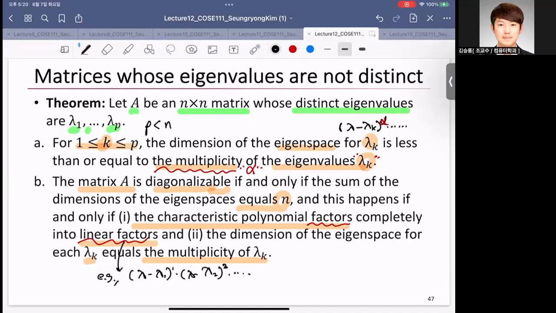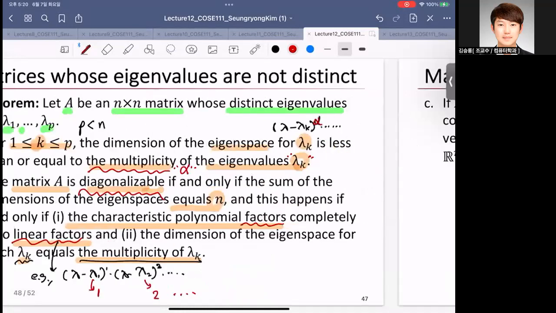So it should be decomposed into linear factors, and the dimension of the eigenspace for each lambda k equals the multiplicity of lambda k, which means the eigenspace for lambda 1 should have dimension 1, and for lambda 2 should have dimension 2, and so on. Then in this case, matrix A is diagonalizable. So this is the constraint that makes matrix A diagonalizable.